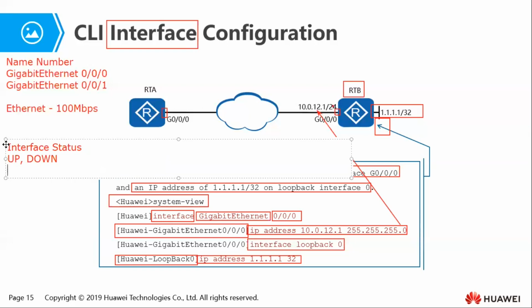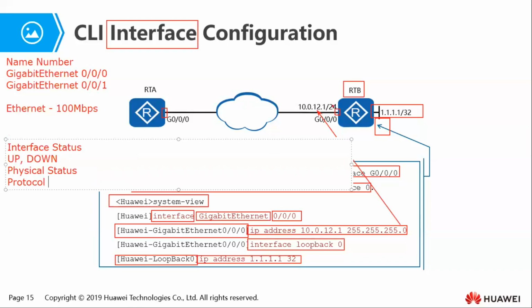I cannot remember the first one, but let me just call it the physical status, and the next one I remember is the protocol status. The protocol status is when you've configured, for example, an IP address, then the protocol status will be up. When you've not configured an IP address, the protocol status will be down.